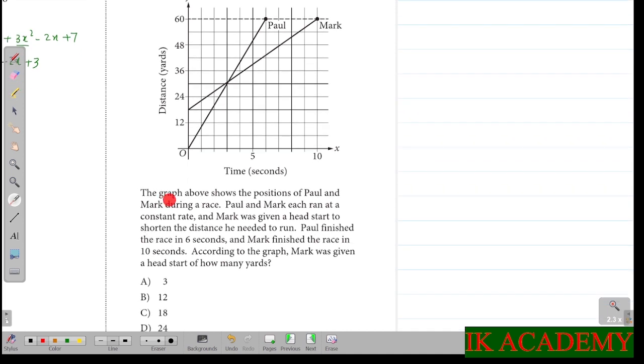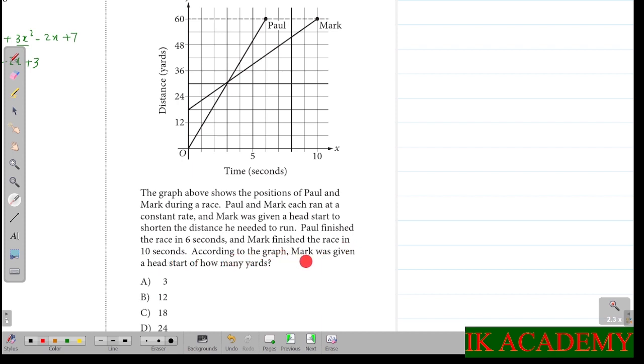The question is, the graph above shows the positions of Paul and Mark during a race. Paul and Mark each ran at a constant rate, and Mark was given a head start to shorten the distance he needed to run. Paul finished the race in 6 seconds and Mark finished the race in 10 seconds.